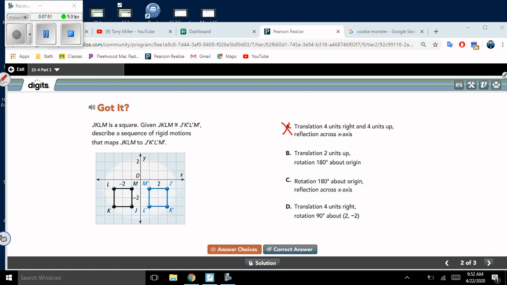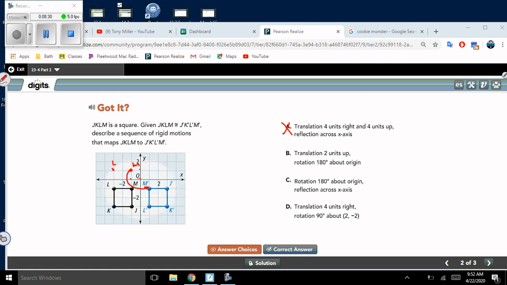All right, let's look at B. Translate 2 units up, rotate 180 degrees. If I translate this 2 units up, 1, 2, that puts M right here. Then I rotate it 180 degrees around the origin, and that puts M prime right there. We may be in business. That means L would be located right here, and if I go 180 degrees, does that end up in that particular spot?